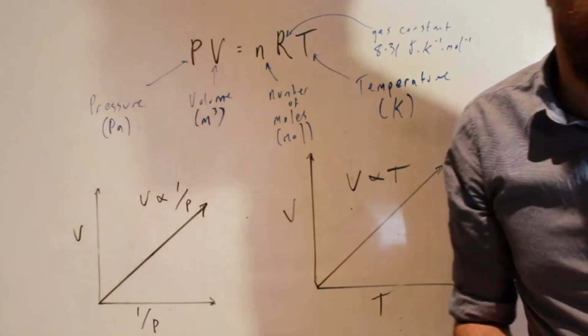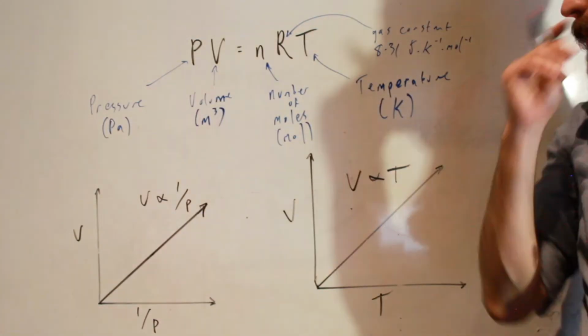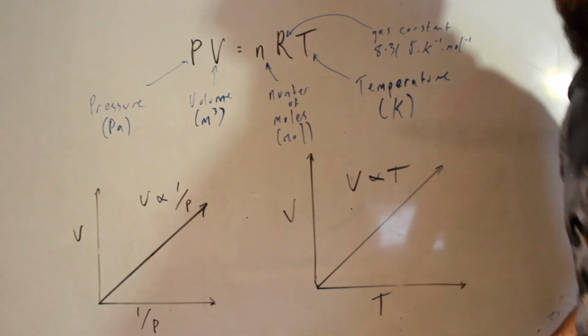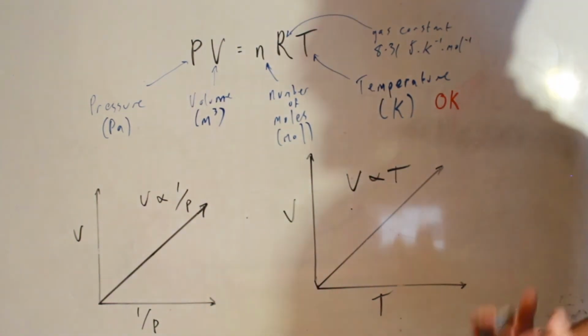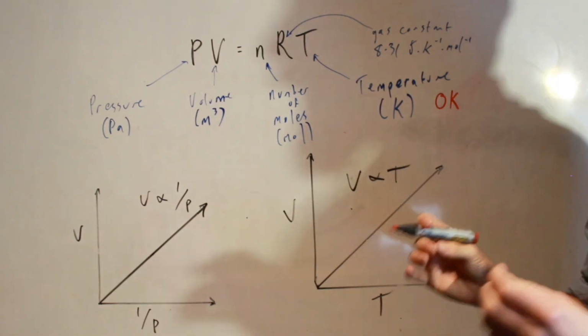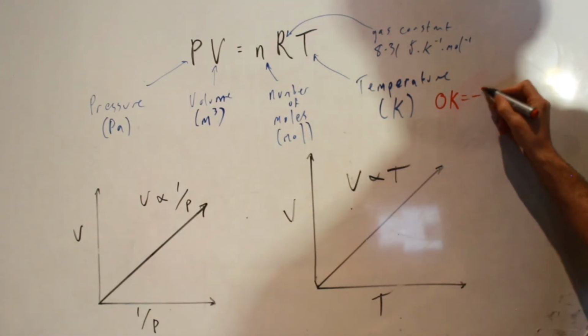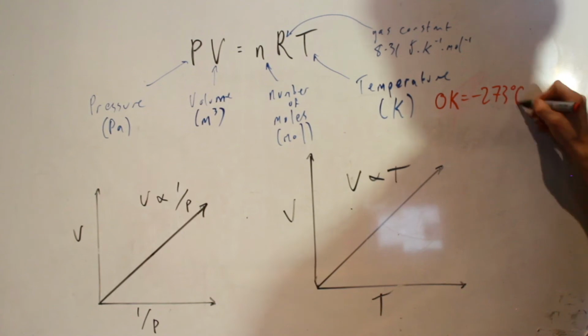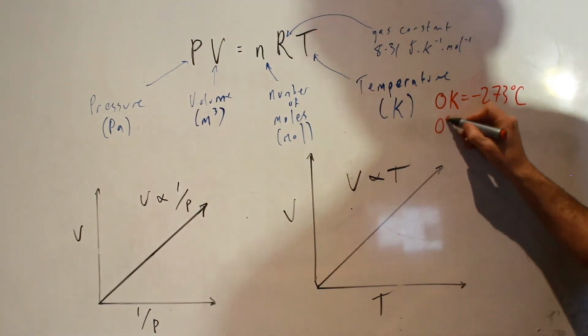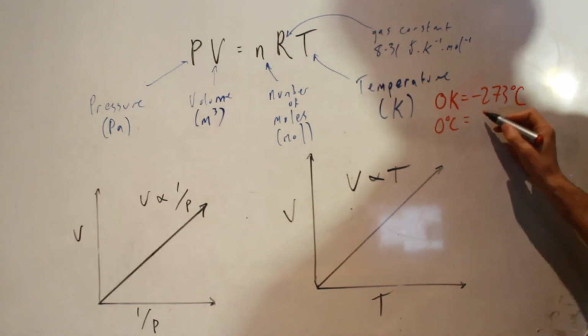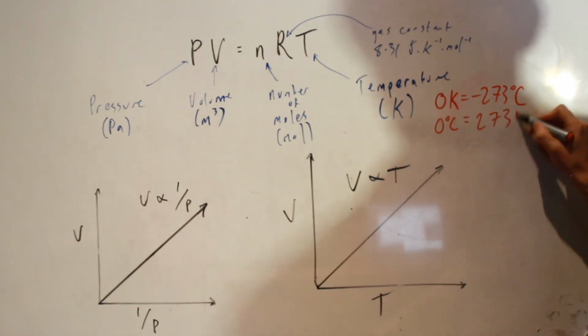Essentially, how you convert between Celsius and Kelvin is this absolute zero. This point where there's no energy, so the particles can't even move, is at minus 273 degrees Celsius. Therefore, 0 degrees Celsius is simply going to be 273 Kelvin.